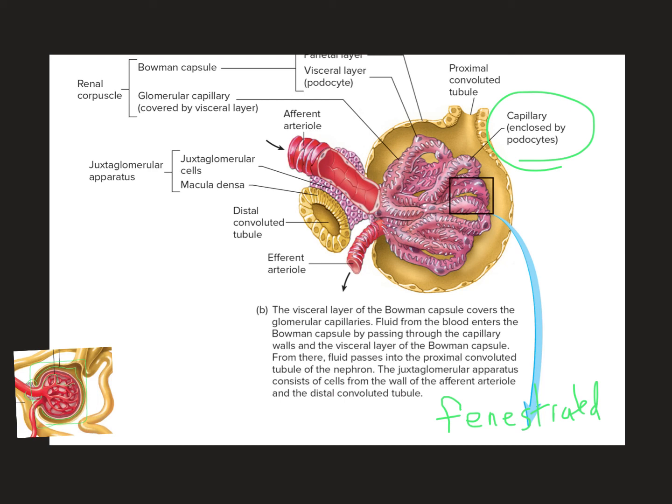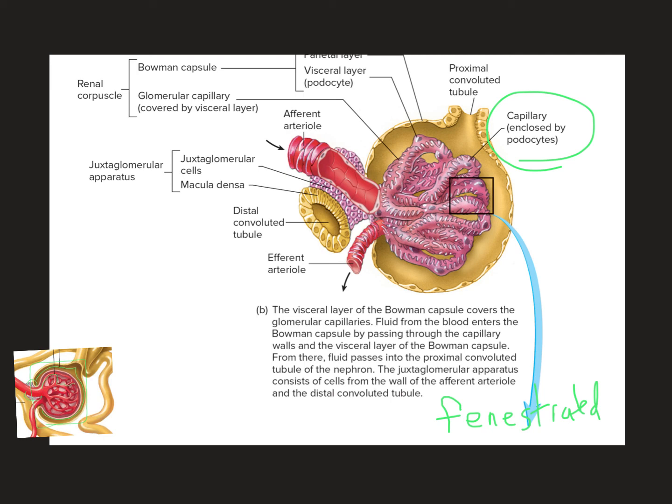I also want you to notice that there's a sphincter around the efferent arteriole. Now, this is a feature primarily of the kidney. This is not a normal thing coming into or coming out of capillary beds.